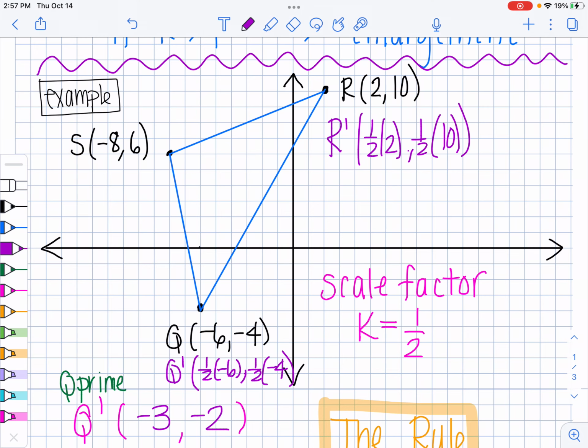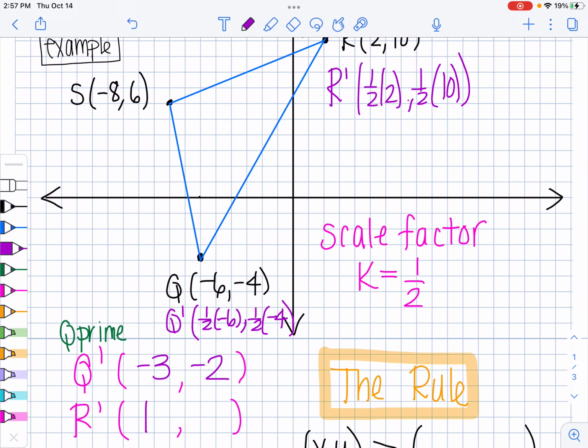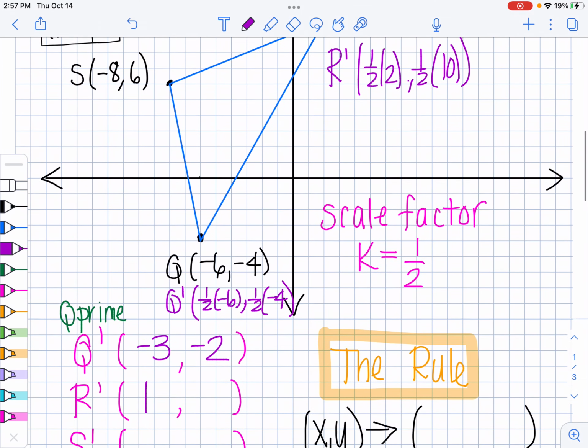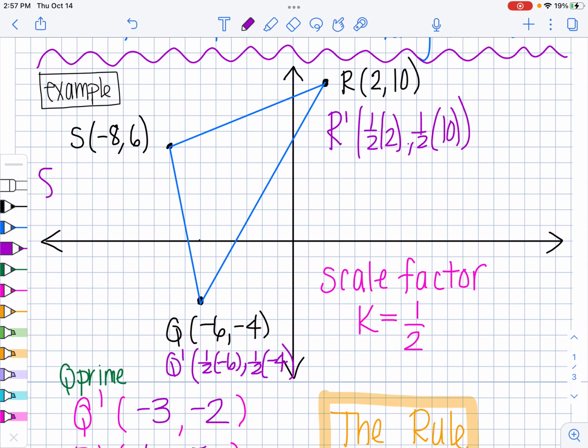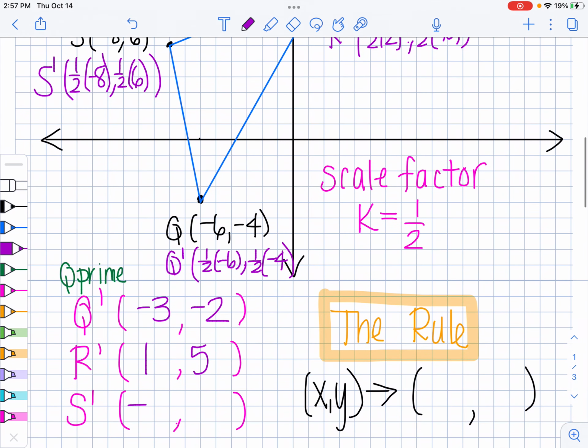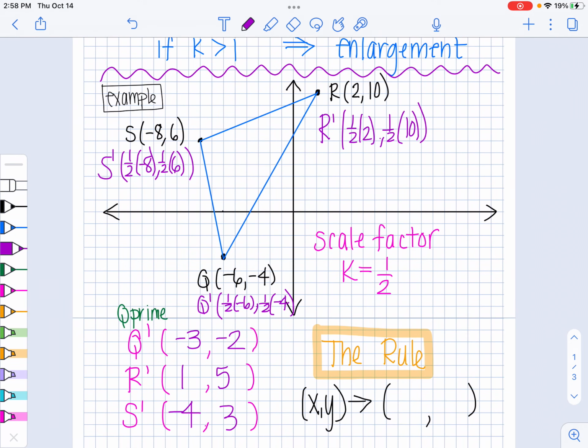Half of 2 is 1 and half of 10 is 5. For S prime, I take 1/2 of -8 and 1/2 of 6. Half of -8 is -4, and half of 6 is 3.